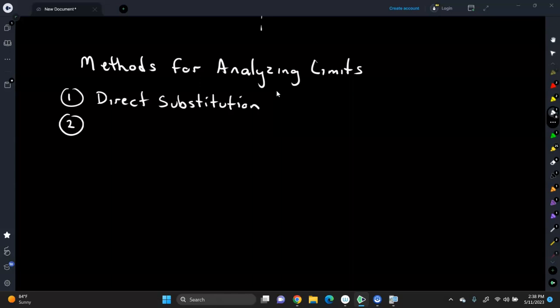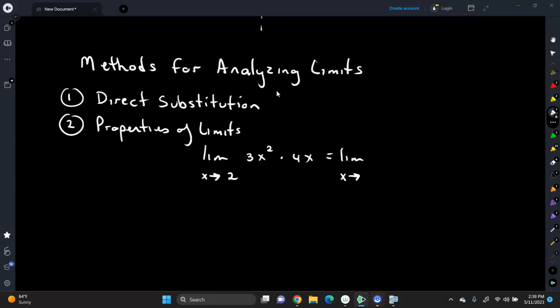Then we're going to use our properties of limits that we learned. In other words, the limit as x approaches 2 of 3x squared times 4x is the same thing as the limit as x approaches 2 of 3x squared times the limit as x approaches 2 of 4x, and so on, right? So we learned a whole bunch of those.